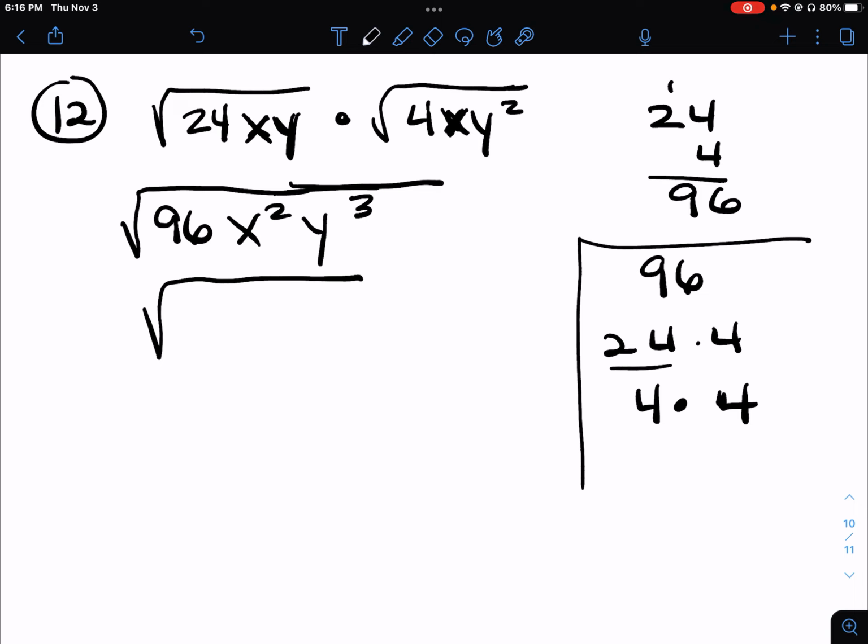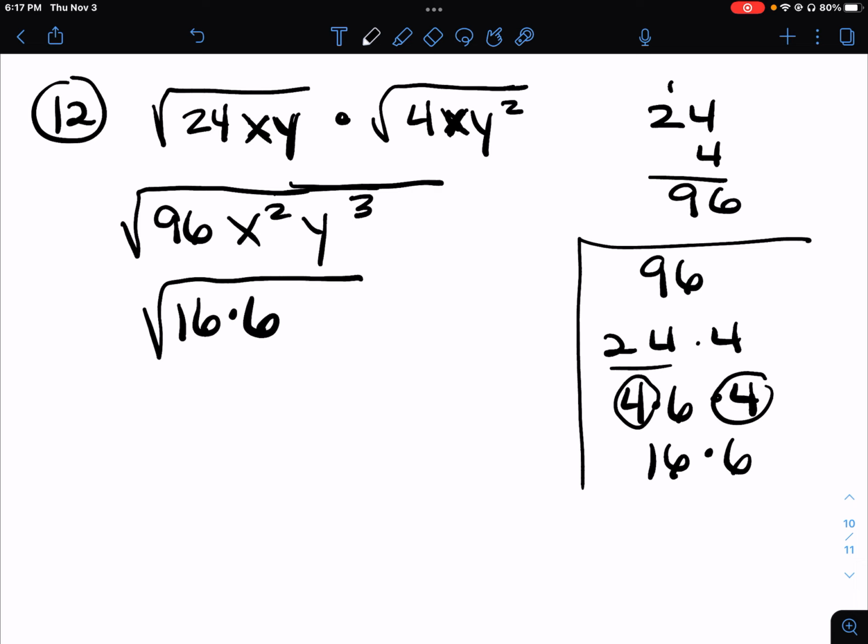Okay, so the 24 is 4 times 6 times this other 4. So we can see, since we have two 4s, 4 times 4 is 16. So we can see that 96 is 16 times 6. I want to break it down like that because 16 is a perfect square.